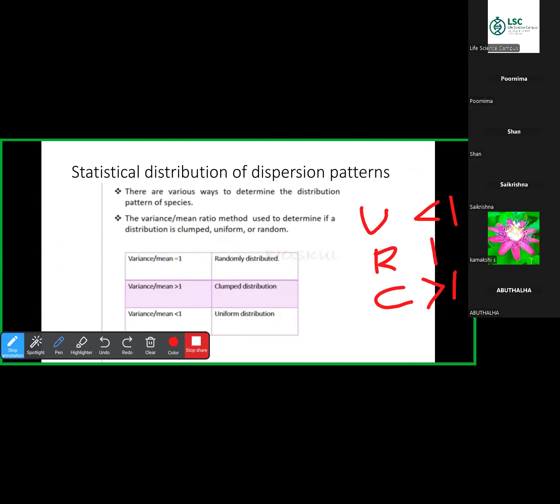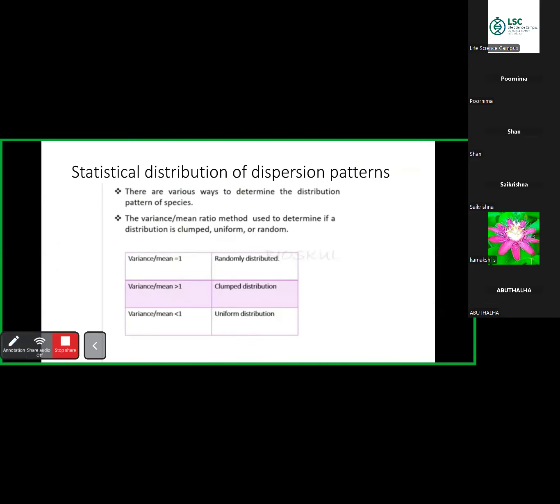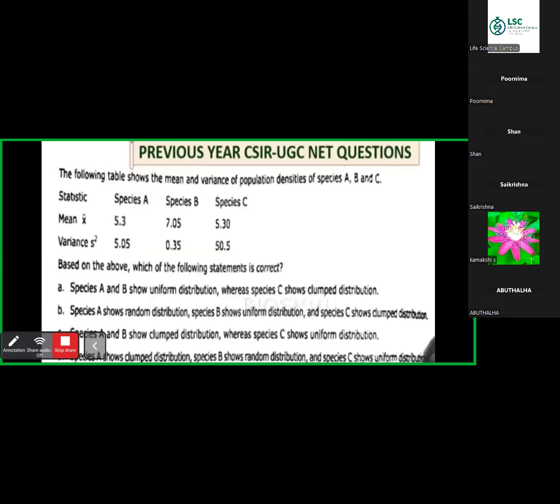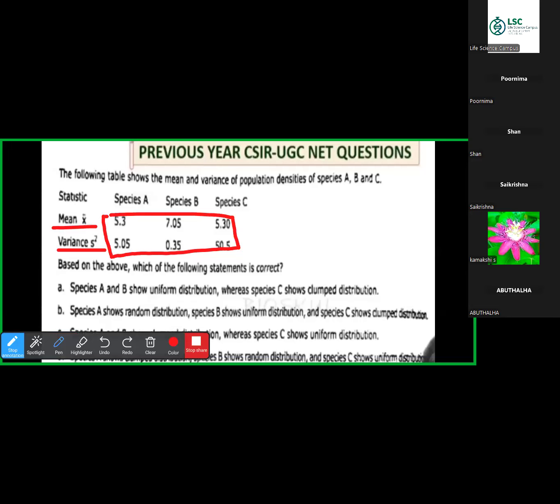Then the values of variance and mean will be given in the question. As you can see in this question, mean and variance values are given in the question itself. You just put the values in that equation, that is variance by mean. Then you have to remember, if it is less than 1, then uniform dispersion. If it is 1, random dispersion. If it is greater than 1, then clumped dispersion.